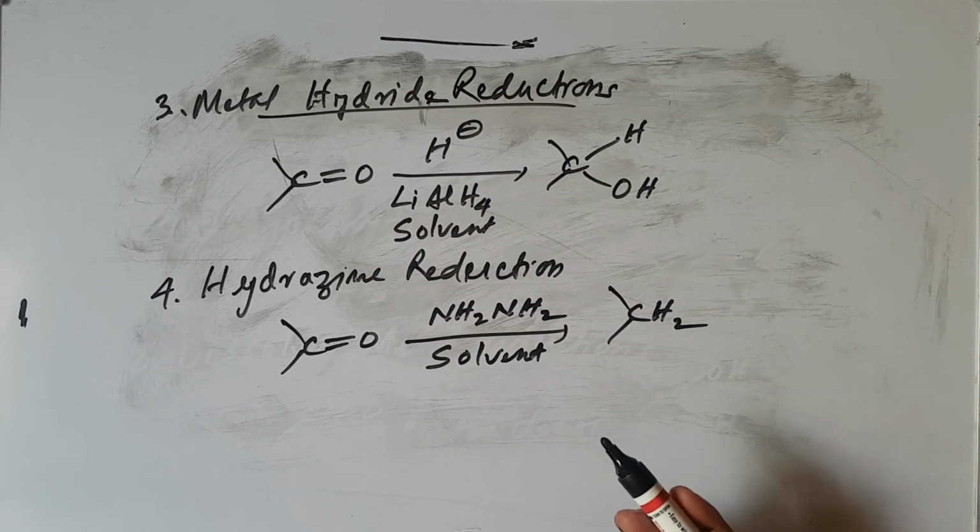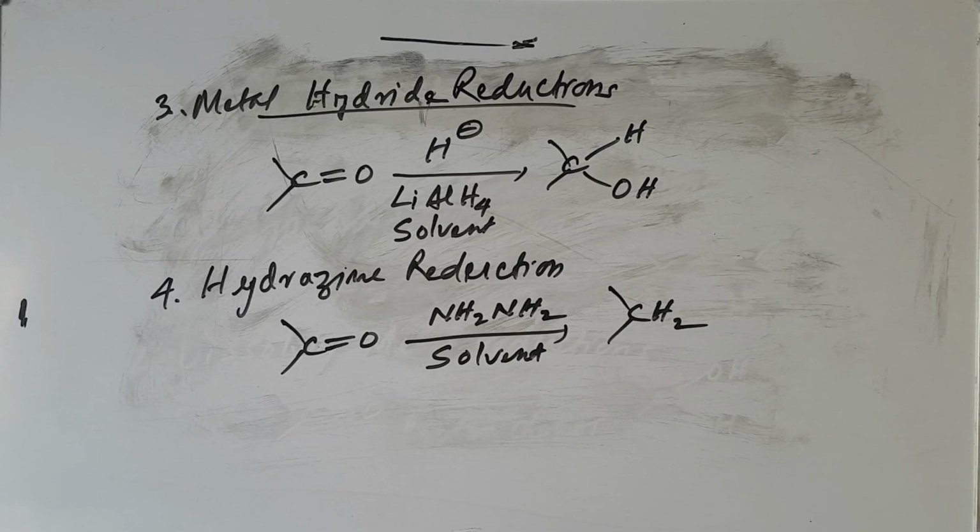So we have four types of reductive reactions to study in organic synthesis. The first is catalytic hydrogenation, reduction with hydrogen in the presence of a catalyst. The second is dissolving metal reduction, where reduction takes place in the presence of a metal along with a proton donor.